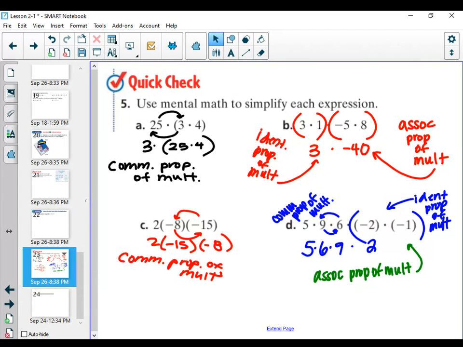In part D, I actually used all three properties. Identity property, when it says times 1. Associative property, I made a new group to multiply -1 times -2. And commutative property, 5 times 6 was easy to put together.